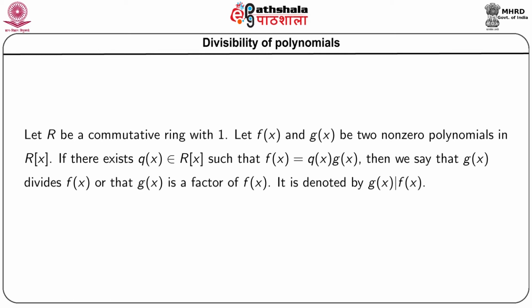Before going into the details of division algorithm, let us first introduce the notion of divisibility in the polynomial ring. Suppose R is a commutative ring with 1 and f(x), g(x) are two non-zero polynomials in R[x]. If there exists a polynomial q(x) over R which satisfies f(x) = q(x)g(x), then we say that g(x) divides f(x).